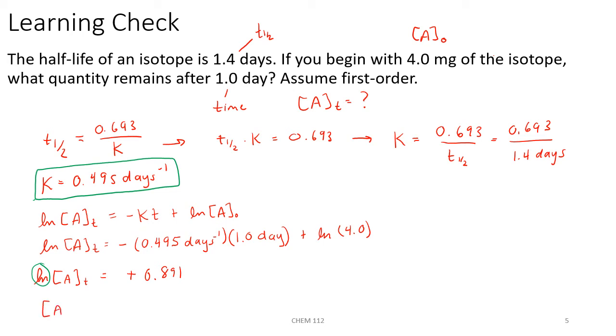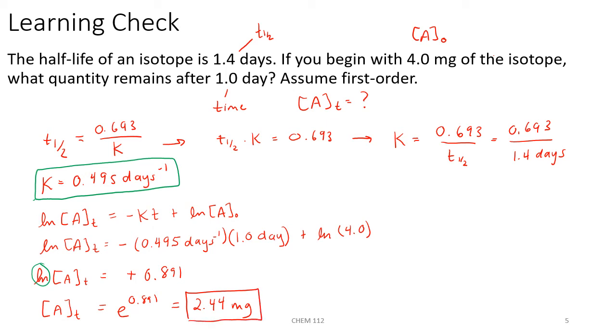That means the concentration A sub t will equal e raised to the 0.891 power. And we should get a value less than 4 milligrams because some time has passed, and it ends up being 2.44 milligrams that will remain after 1 day.